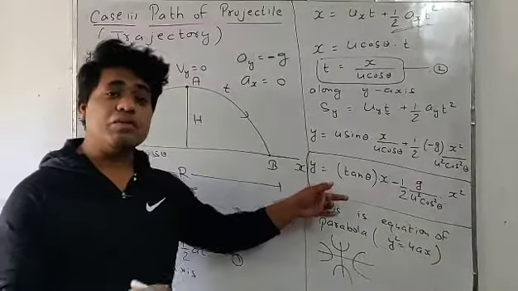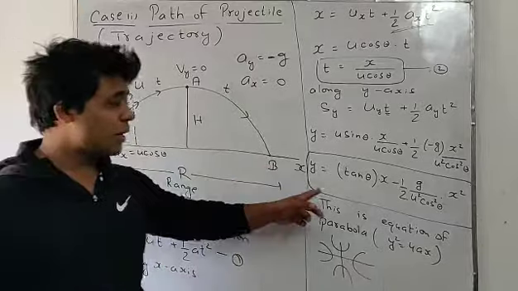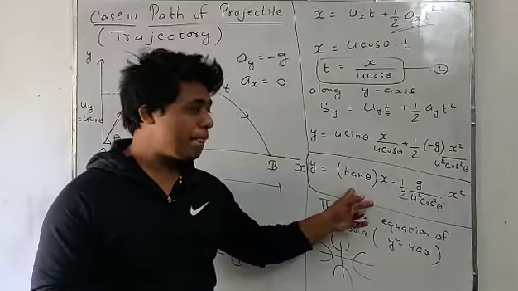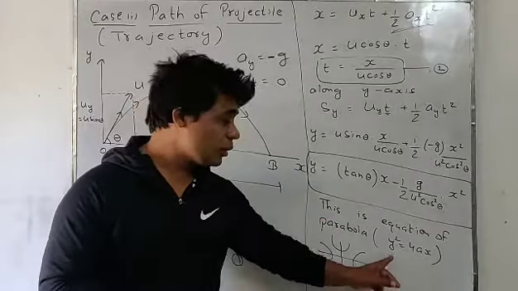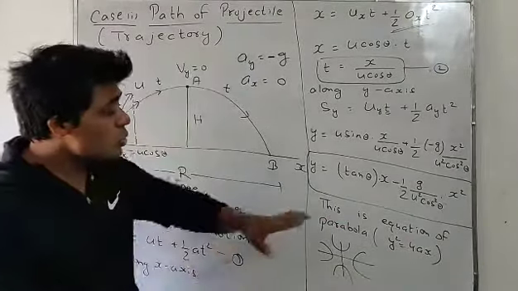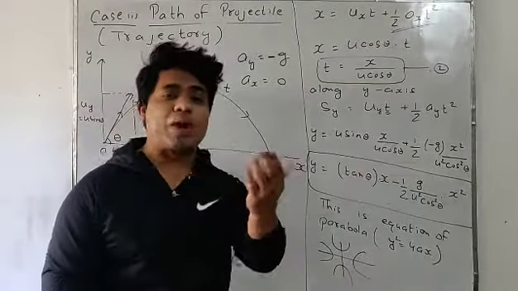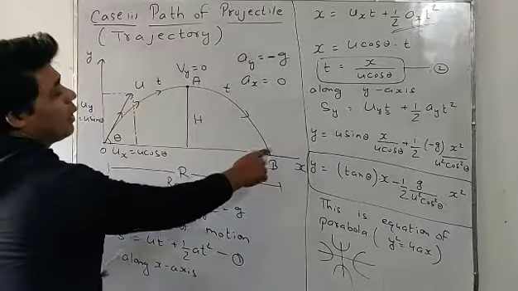We got the equation showing the path of the projectile. That equation represents the path of the projectile, and it is similar to the equation of a parabola. The general form of the equation of a parabola is y square equals 4x. So this equation is similar to the equation of a parabola. What should the path of projectile motion be? It should be a parabolic path.